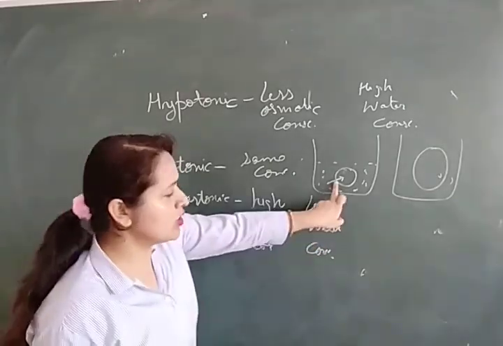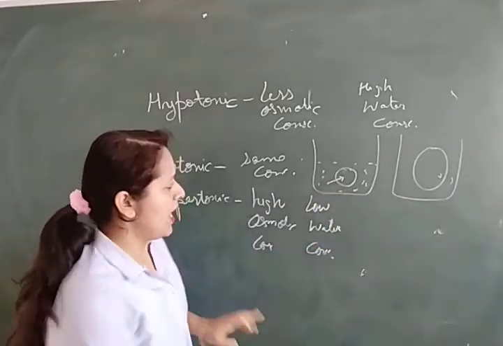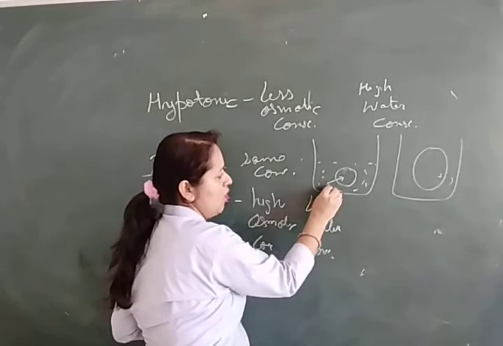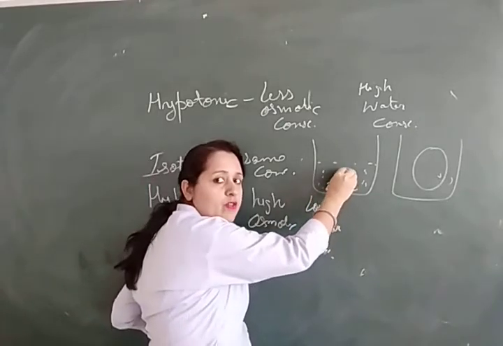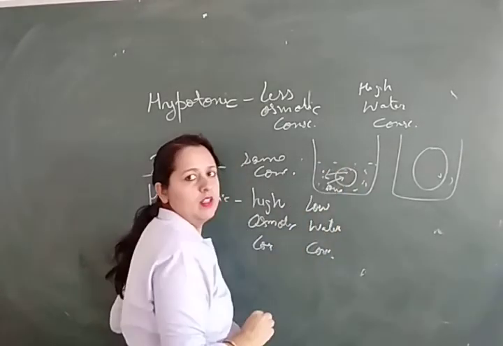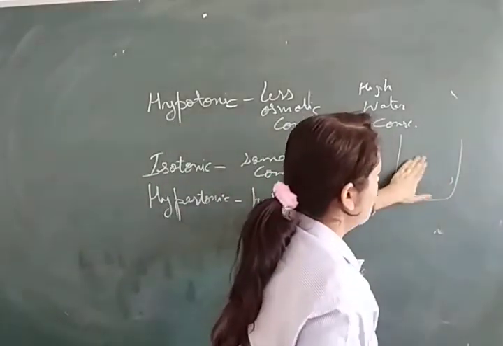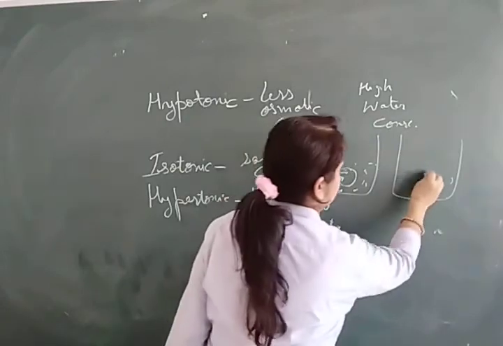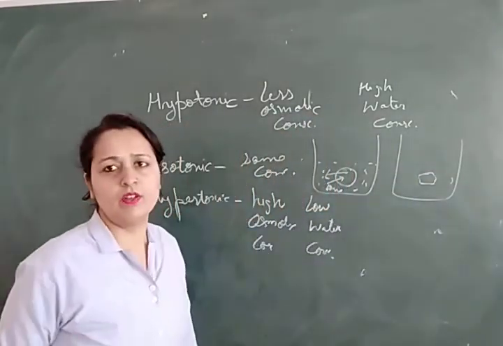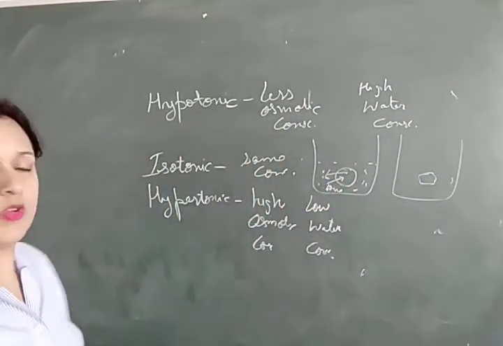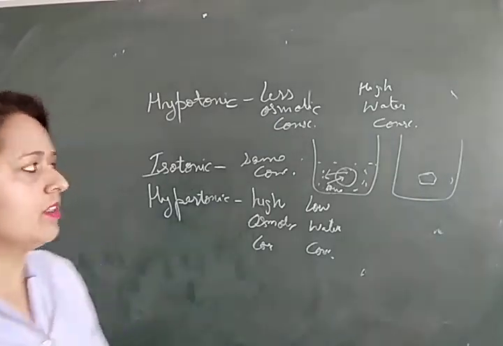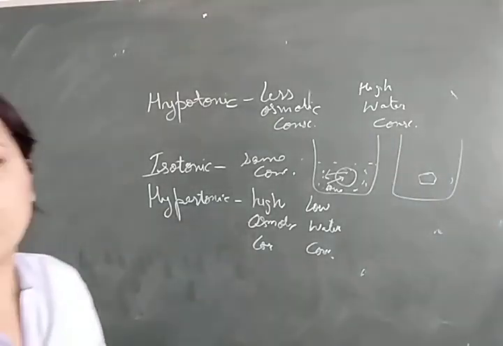It has high osmotic concentration and low water concentration. So water is low outside. Now water from the cell moves outside. Now the size of the cell shrinks. Okay, so this is all about osmosis and diffusion. I hope that now all the topics are clear to you.